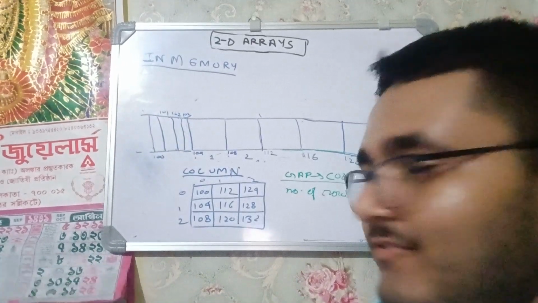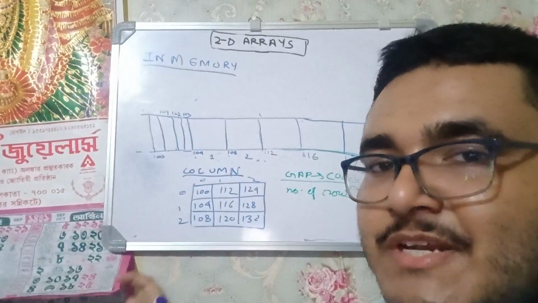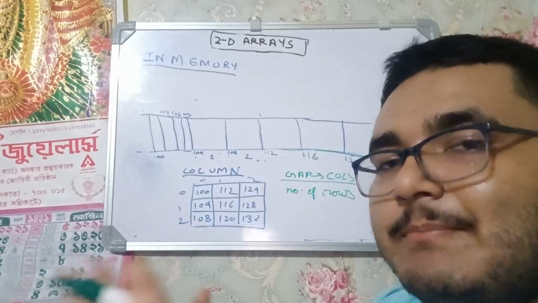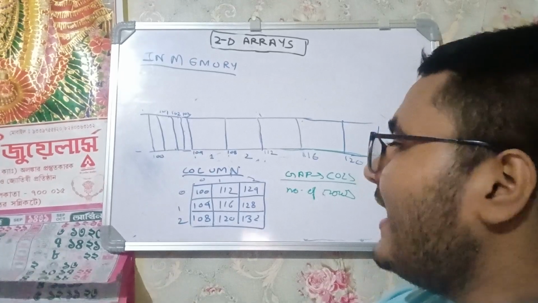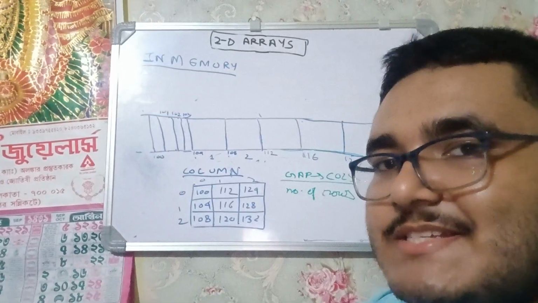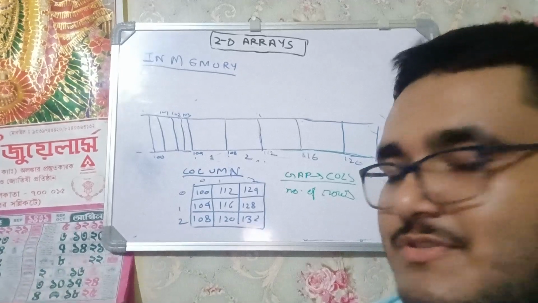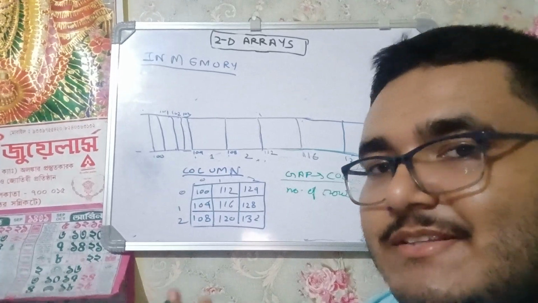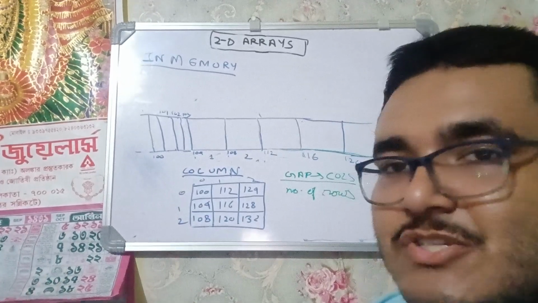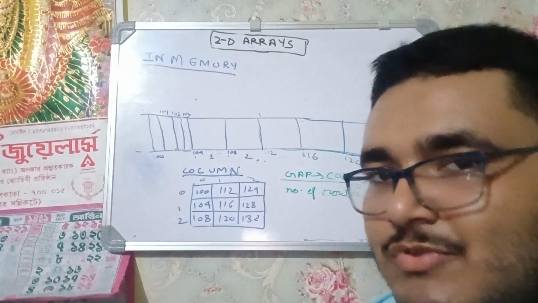If the number of rows and columns are different, I will make another video where I will discuss this in depth. This is just a basic concept; I will discuss the in-depth concept about row major and column major and all its calculations later.